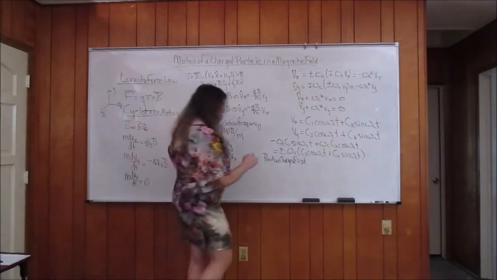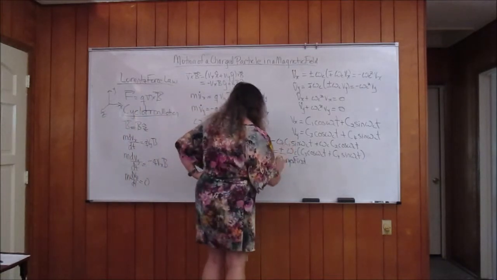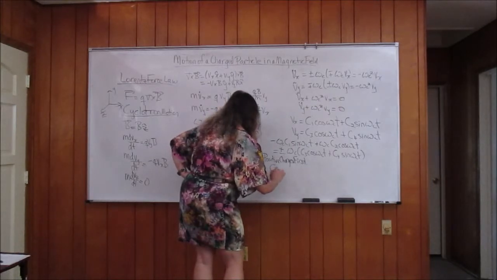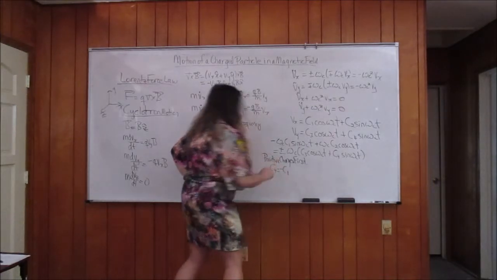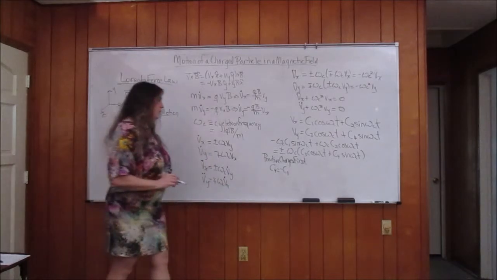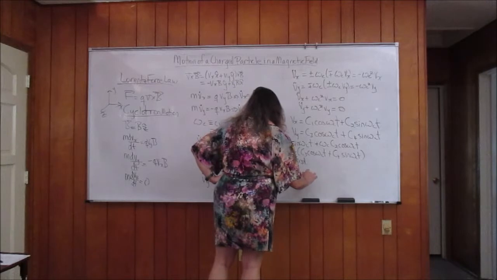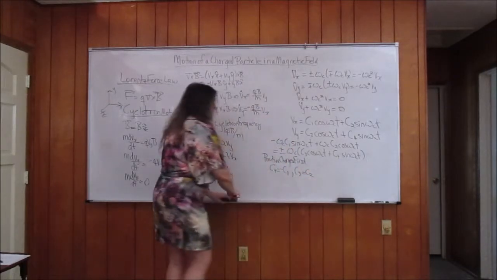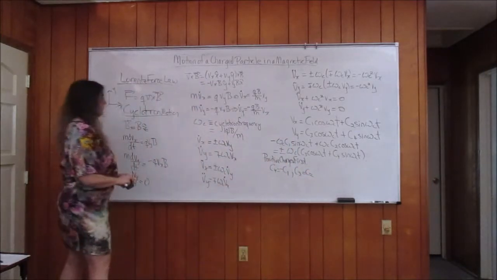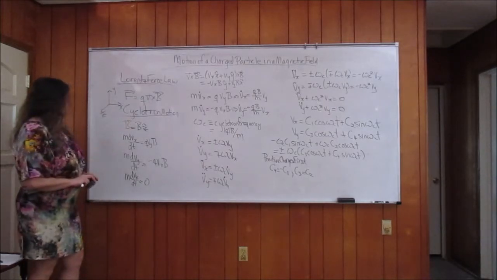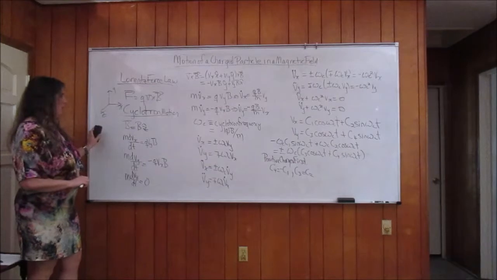So therefore, we find that C4 is equal to minus C1, and C3 is equal to C2. Leave it up here for a minute, because unfortunately I'm going to have to erase some of this.